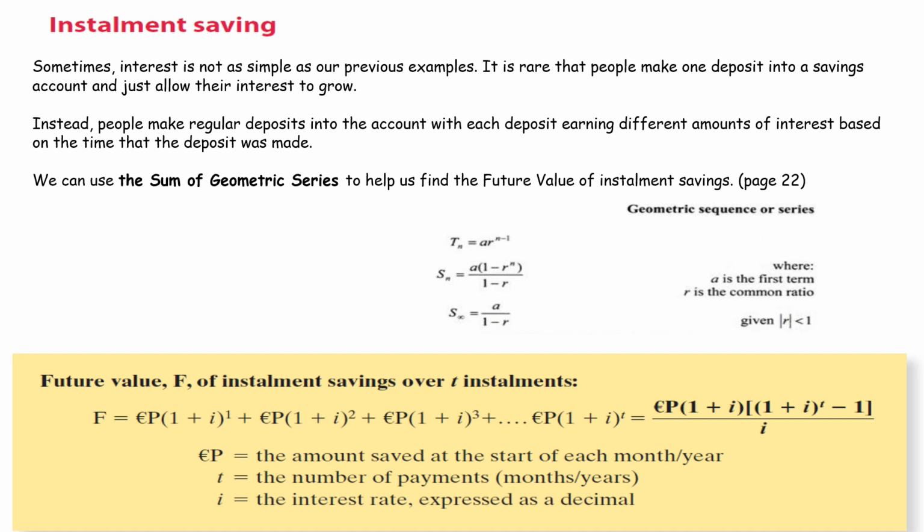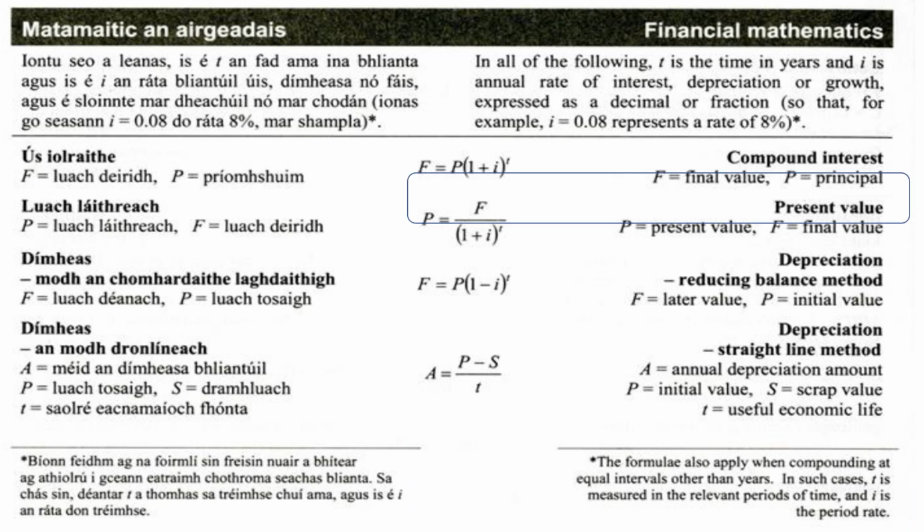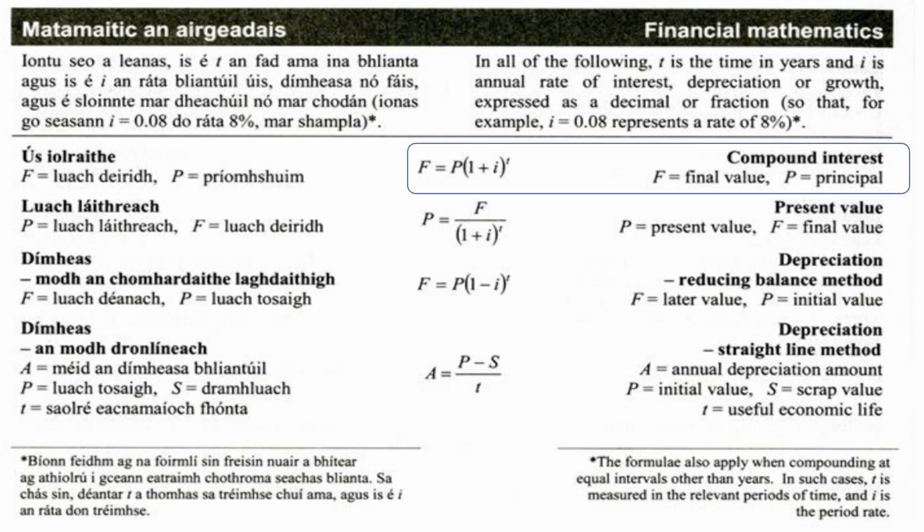What we can use for installment savings are actually the formulas we learned in sequences and series, and in particular geometric sequences and series. So have page 22 open in front of you as we work through these. We're going to be focusing not only on the sequences and series formula, but this compound interest formula.